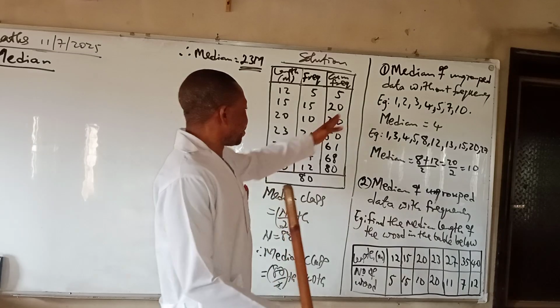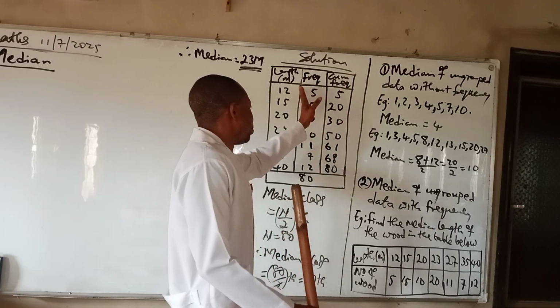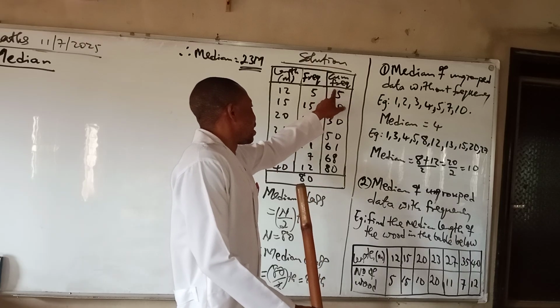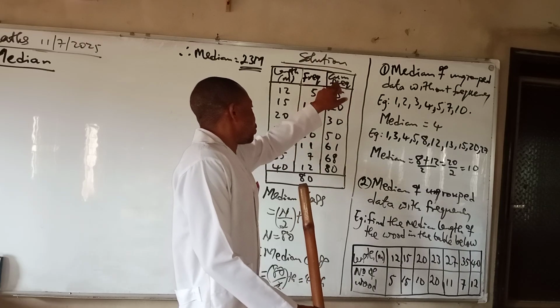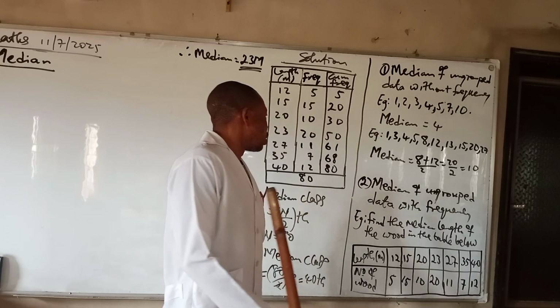Then the next column, which will be the last one in this case, is cumulative frequency. How do we get cumulative frequency? The first number here, we transfer to the first point of the cumulative frequency column.